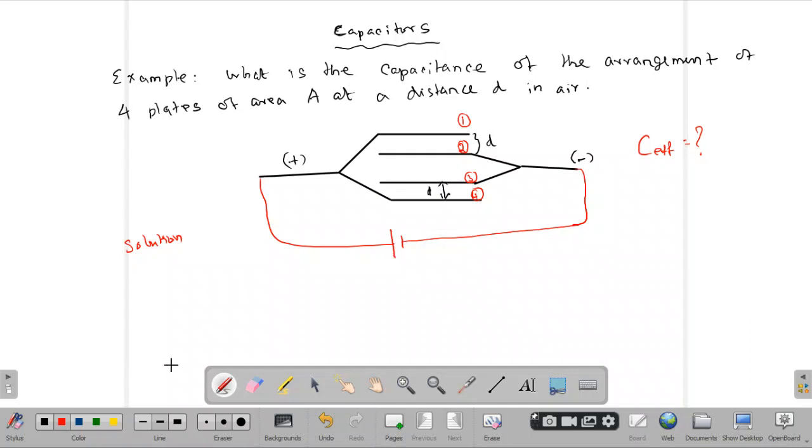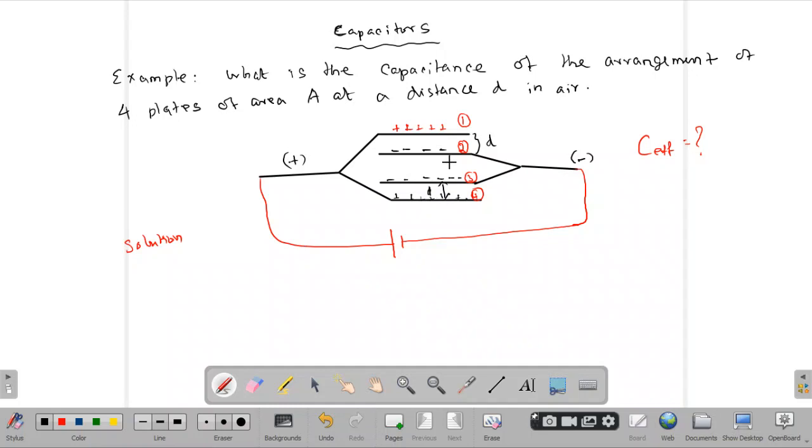Because of this arrangement, plate 1 shows positive charge, plate 2 negative charge, plate 3 negative charge, and plate 4 positive charge.